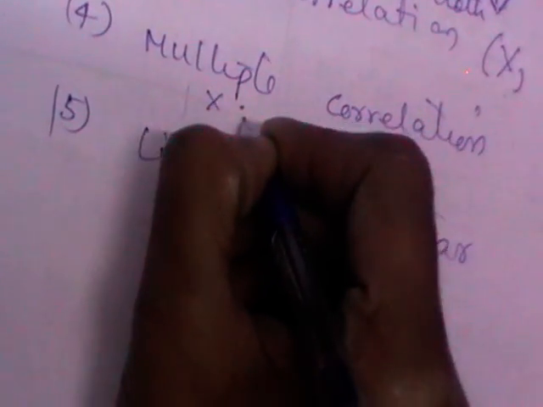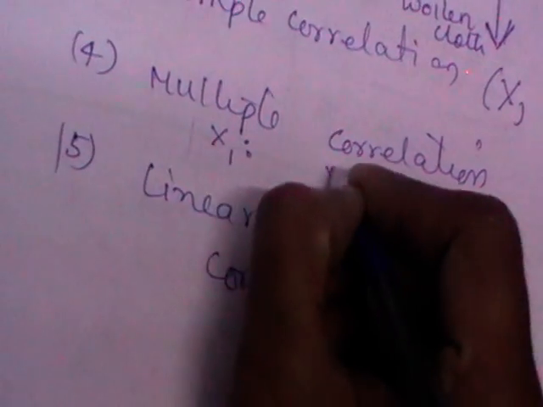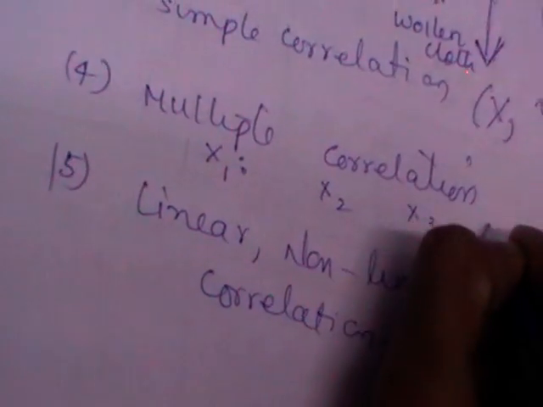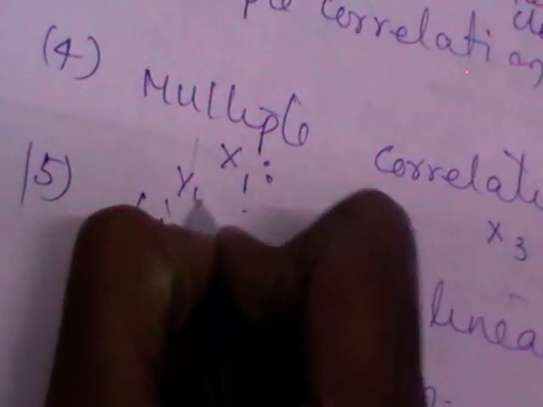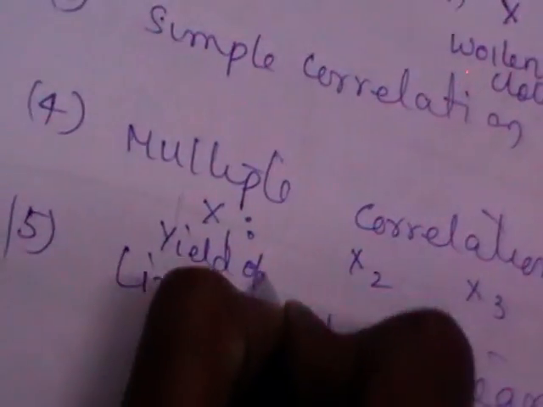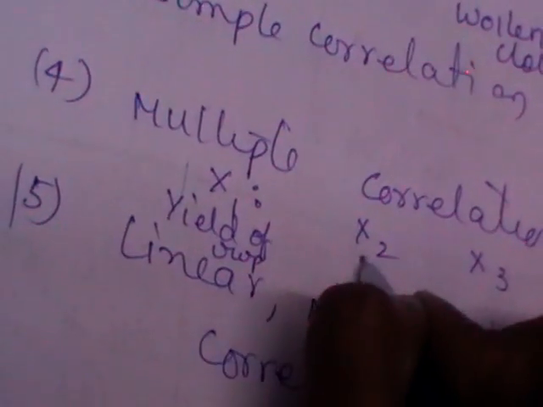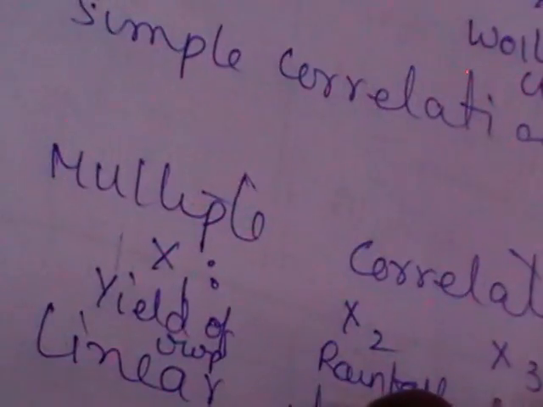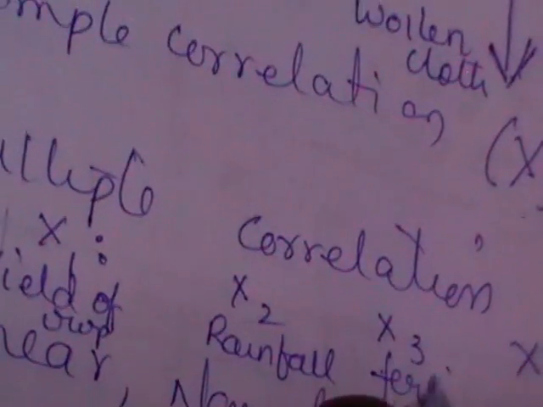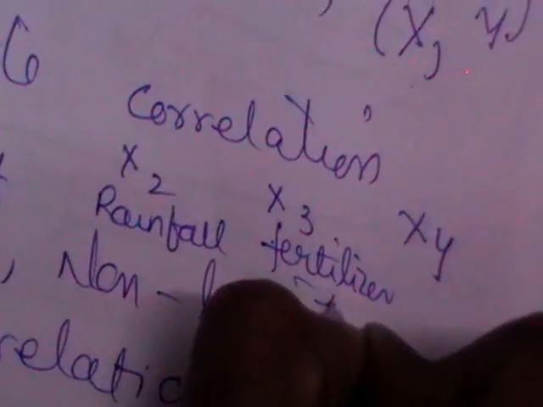So let us take an example here. We have x1, x2, x3, x4 as four variables, where x1 indicates the yield of a crop, x2 is rainfall, x3 is the fertilizer we are using, and x4 is temperature. In the previous example we considered yield and rainfall.